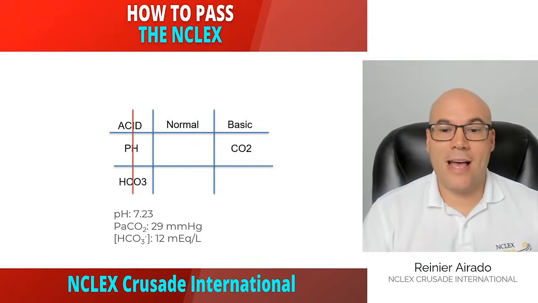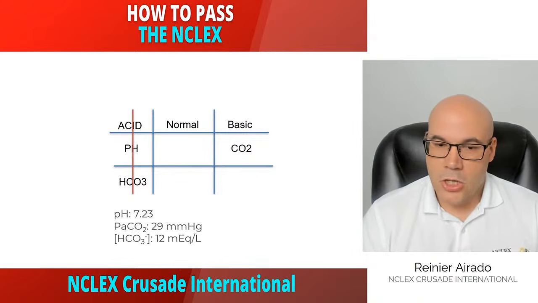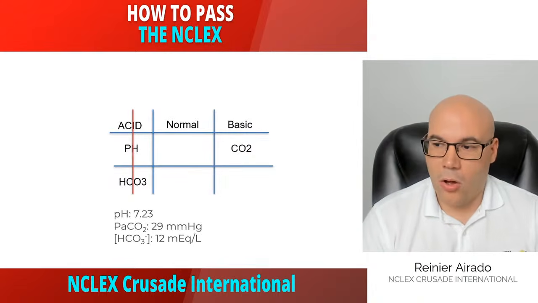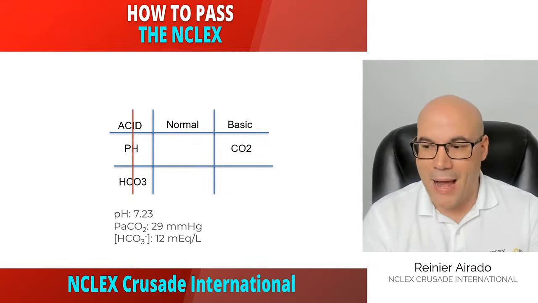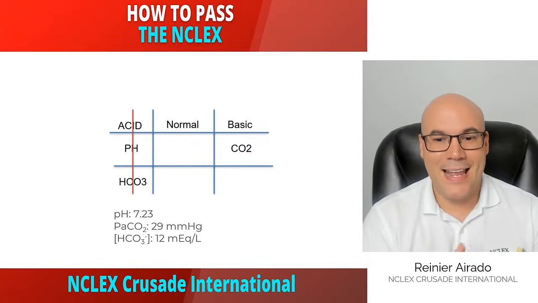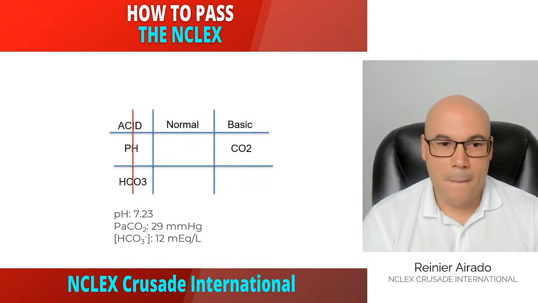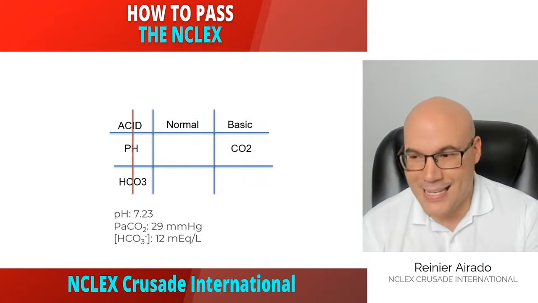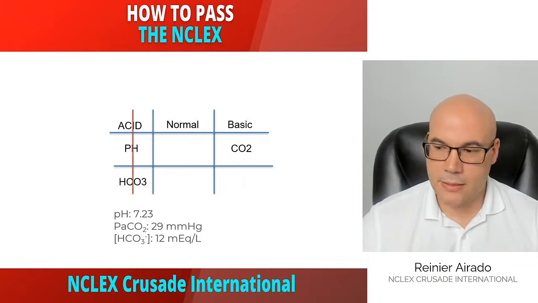But we have to translate this to an actual problem. So what do we call it when the pH is acid and the bicarbonate is in acidosis land? We call this metabolic acidosis. Why metabolic acidosis?